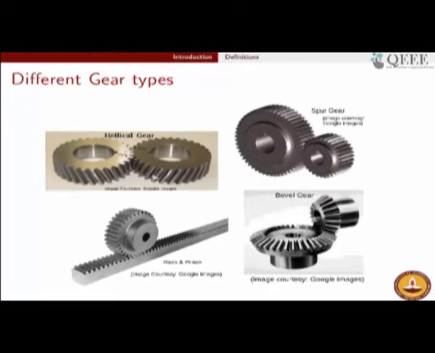Whereas in a helical gear, you will see that the teeth are not exactly in alignment with the axis of the gear or the axis of the shaft. There is a helix angle at which the tooth is cut. That leads to quieter operation, and the dynamic loading is much better in helical gears as opposed to spur gears.